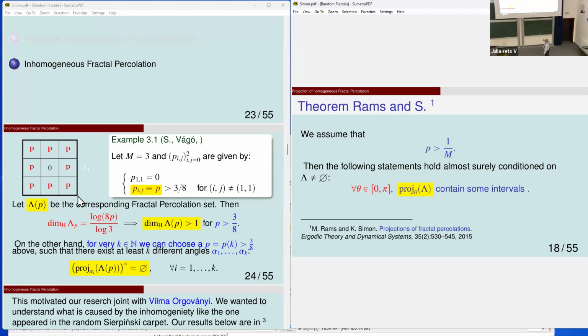So if you give me any number, 1 million, then I will be able to choose an epsilon such that if we choose this interval 3/8 to 3/8 plus epsilon, and if you choose P from this interval, any P from this interval, then there will be 1 million angles, rational angles, tangent alpha rational angles, such that the projection in those 1 million angles will not contain any interval.